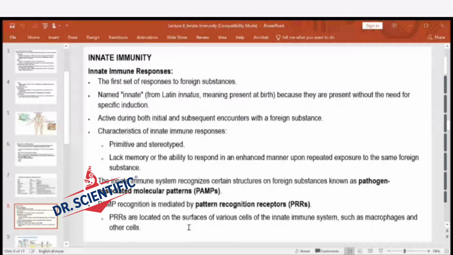So in innate, usually we just brush off, look at it briefly, then go to the adaptive, but it's an important area. For instance, I've talked about the MALT. MALT is currently a very serious area of interest, and people are discovering many things that we previously did not know.